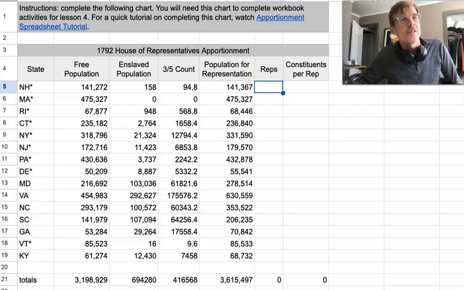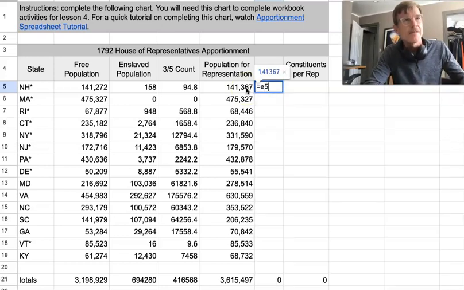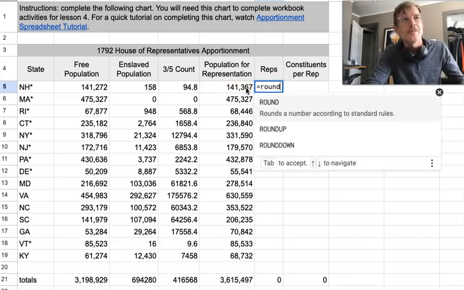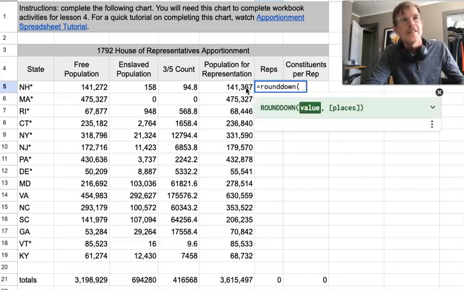So for this first one, it is the total population, so that's E5. So we're going to say equals E5. Oh, and we're actually going to round down because that was the rule. So equals ROUNDDOWN, and then in parentheses, E5 divided by 33,000.